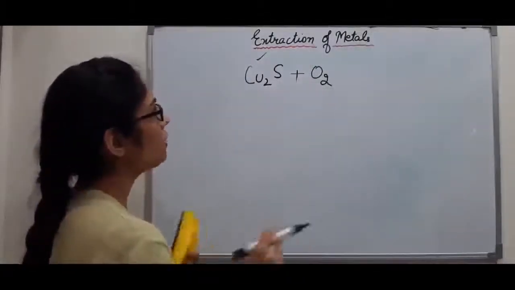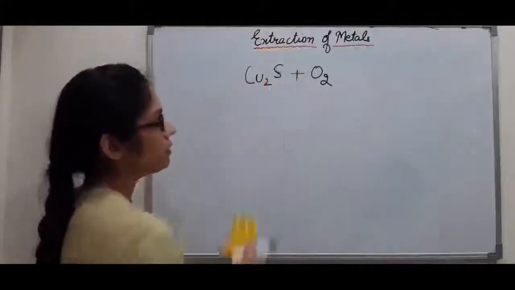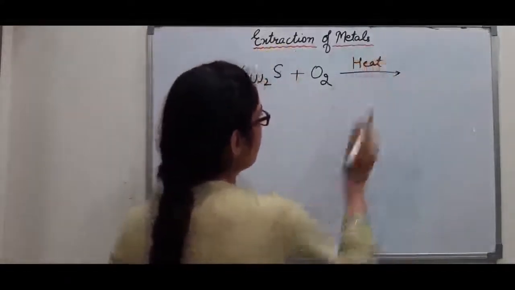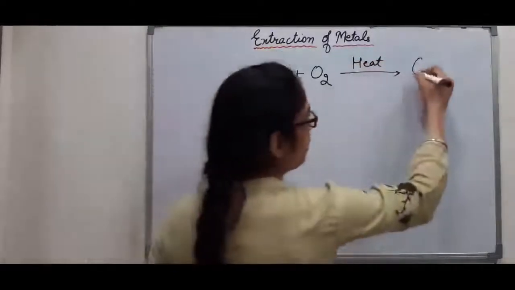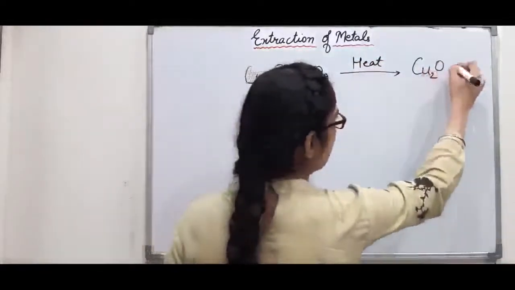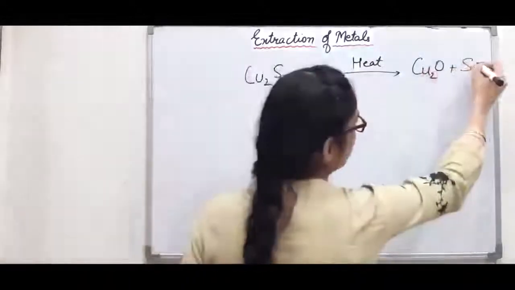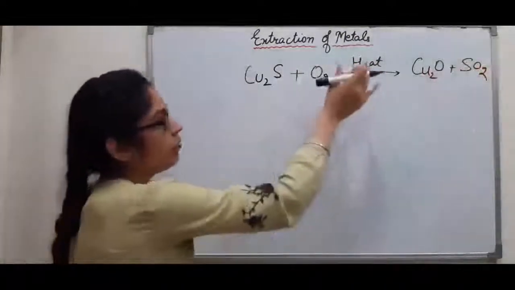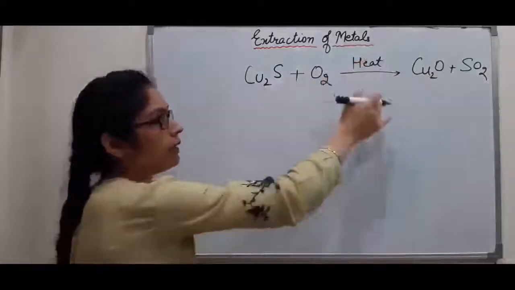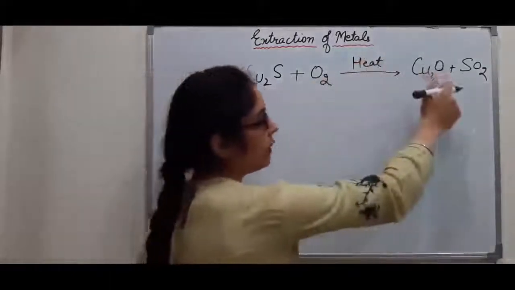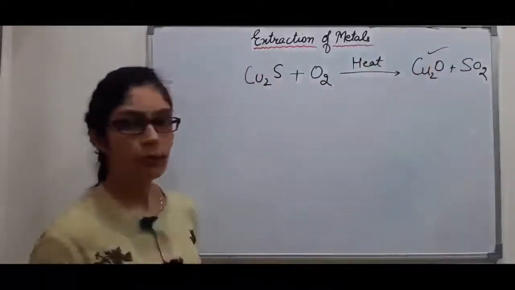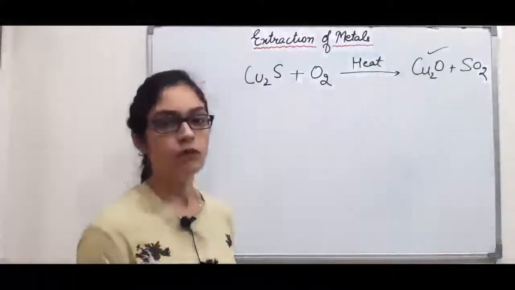So the same thing we have to do as in the previous reaction of mercury. We just have to heat it. In the first reaction, we will get copper oxide plus sulfur dioxide. So it is the same reaction: we heat copper sulfide in the presence of oxygen and get the oxide of copper. Now this oxide will be reduced to copper on further heating.